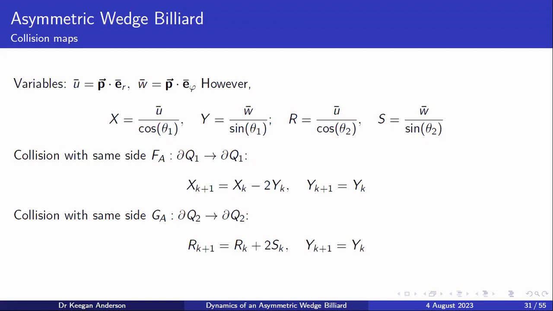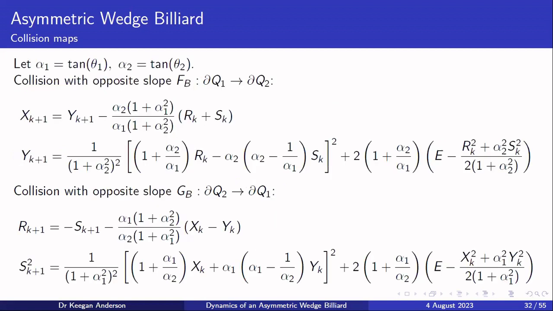You can see that these look similar to what we had for the symmetric case. They're nicely behaved. They look like nice equations in that sense. But once we go to opposite side collisions, it becomes a bit more verbose, if I can call it that way. I introduced two parameters here, alpha 1 and alpha 2, which correspond to the tangent of theta 1 and theta 2, respectively.